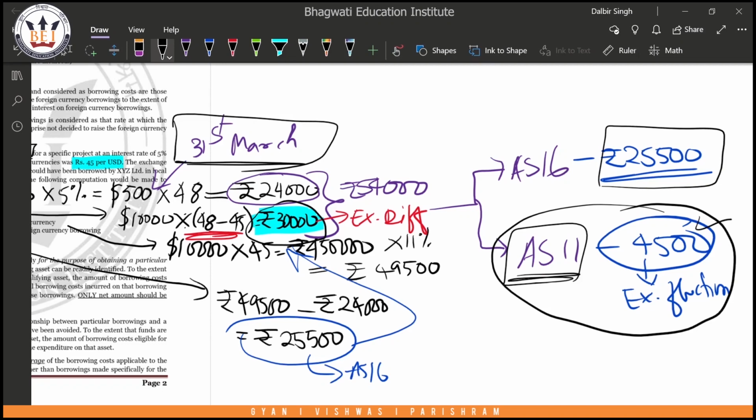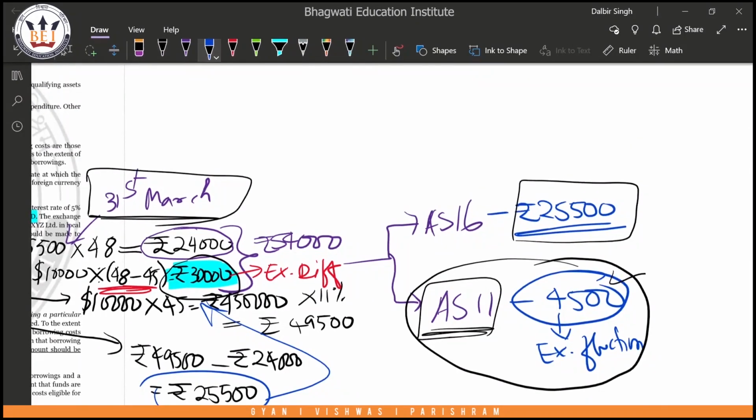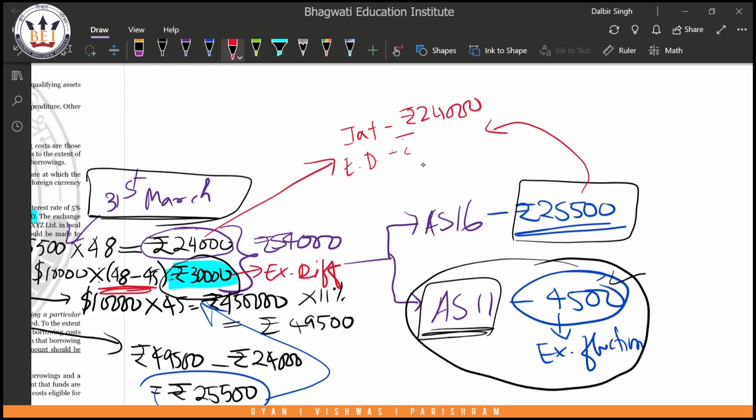Therefore, what is my total borrowing cost? If I add up both, my borrowing here, which is nothing but the interest, is rupees 24,000. Then I'm also considering the exchange difference as borrowing cost, to the extent of 25,500.